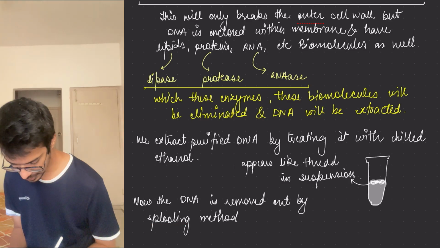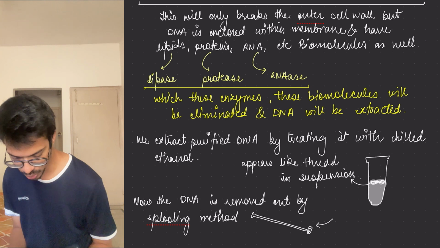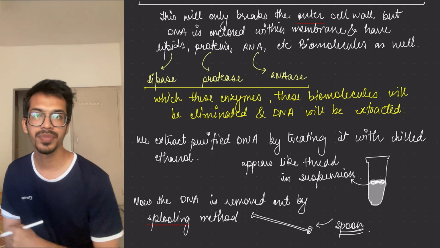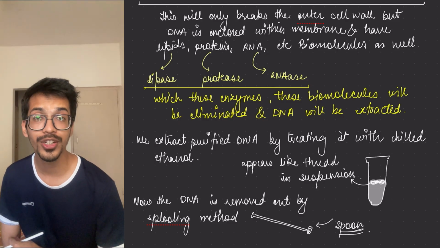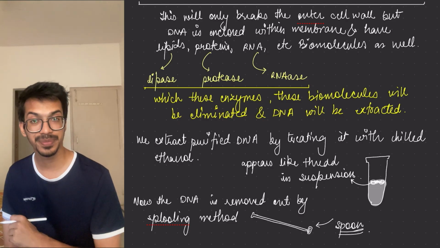This is the spooling spoon, through which we take it out, and its diagram is also shown in your NCERT. So this is about the first step.